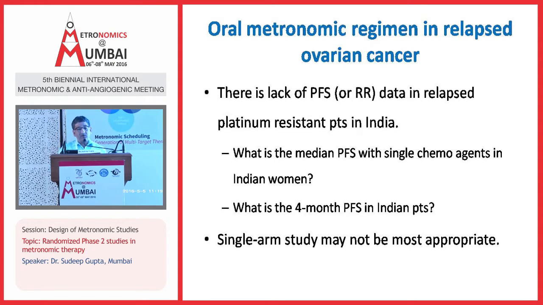So, the point of note here is that there is a lack of PFS or even response rate data in relapsed platinum resistant patients in India. So, for example, if I was to use a historical control, what median PFS or what 4-month PFS rate would I use for that single arm study? Because of this consideration, I think a single arm study may not be the most appropriate design for this sort of a scenario.